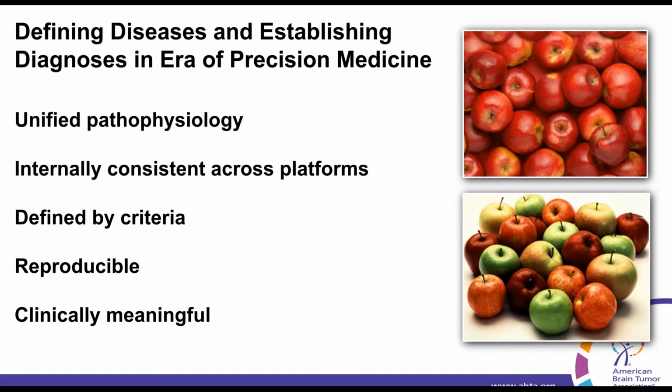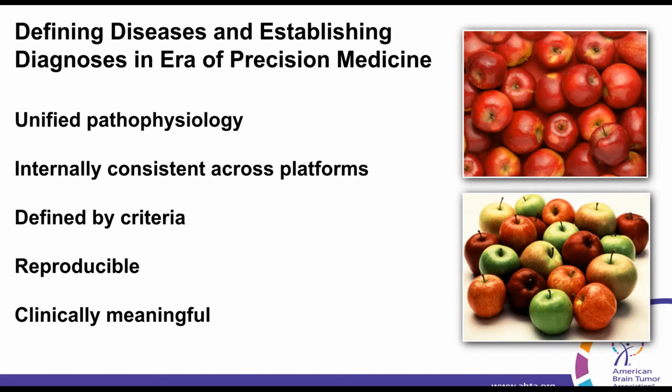The diagnosis has to be internally consistent across different testing platforms. We can't have one platform giving rise to one diagnosis and another one giving rise to another diagnosis. The diagnosis has to be defined by criteria that everybody understands and uses. It has to be reproducible. We've had a problem with that in the past.